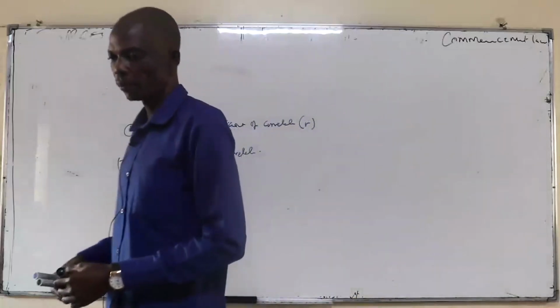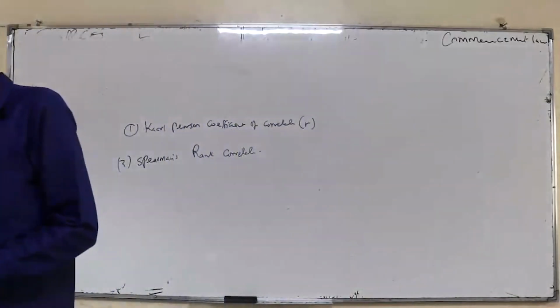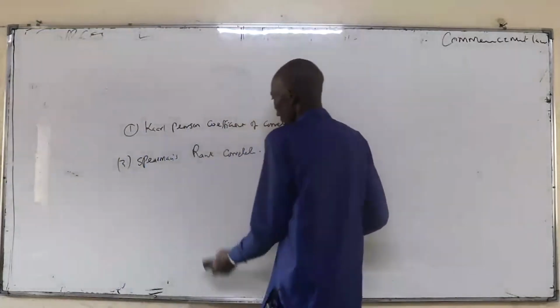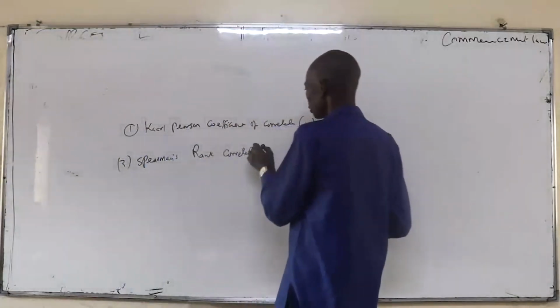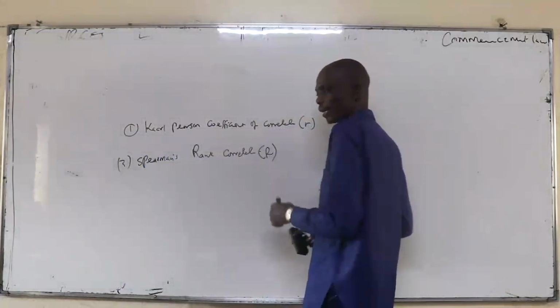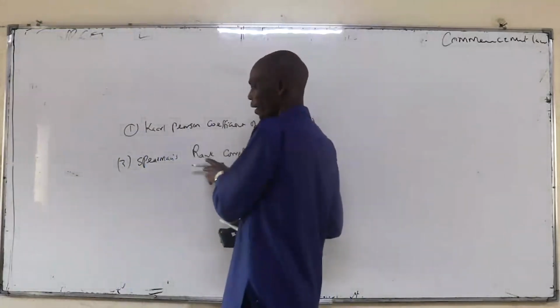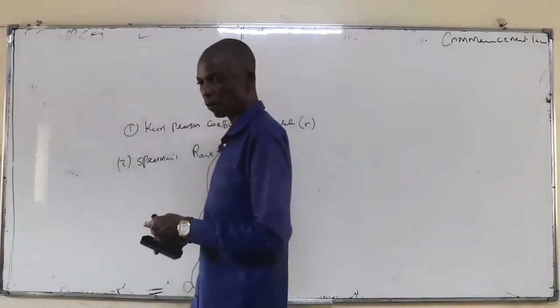And the exam will actually specify which one you're supposed to use. Spearman's rank correlation is denoted by the capital letter R. It is used where the items are in the form of a rank.